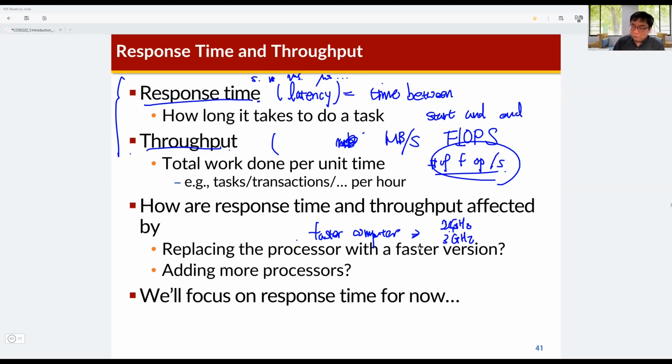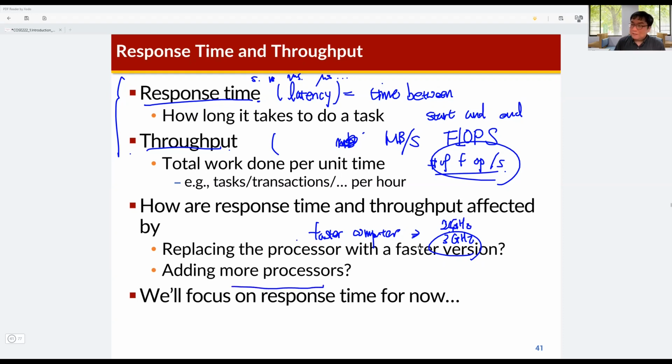We already know that if the computer processor runs with the faster clock, then there is usually a faster computer. If we just focus on the throughput, the amount of work, how can we improve the performance of a computer system?